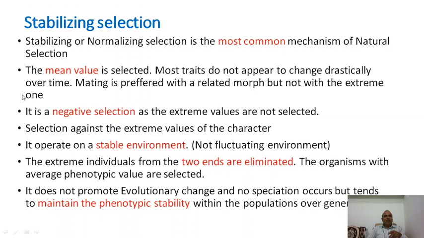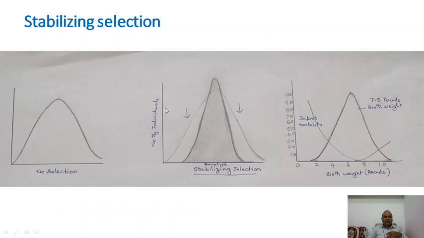Okay, so let us see other characters. This is a population, and these are the extreme values on this side, this is the area where extreme individuals are living, and these are the average individuals. From this, let us see what kind of organisms nature will select.